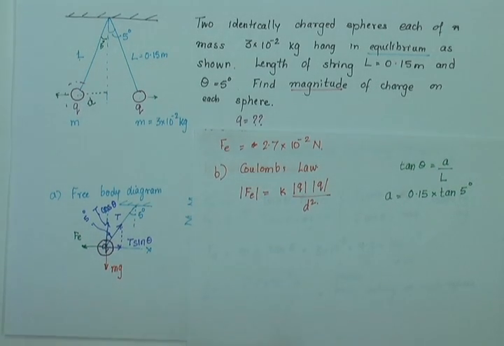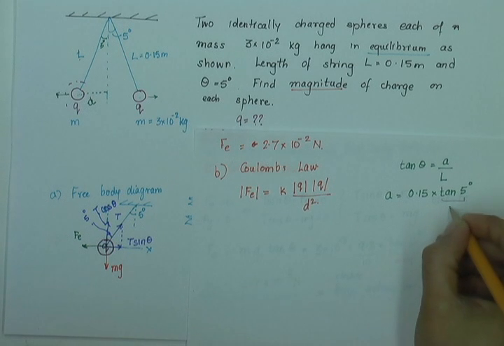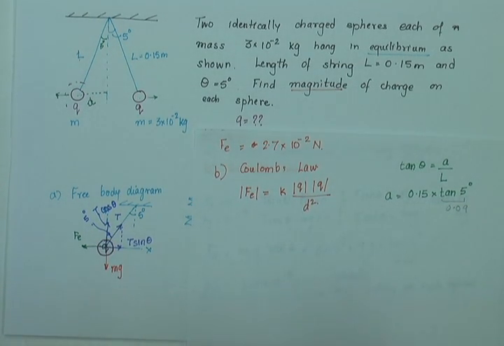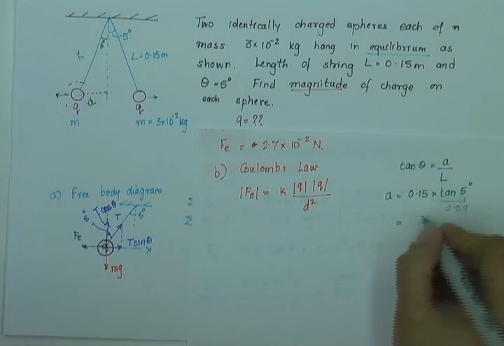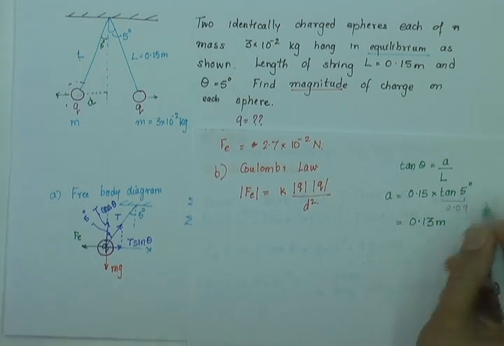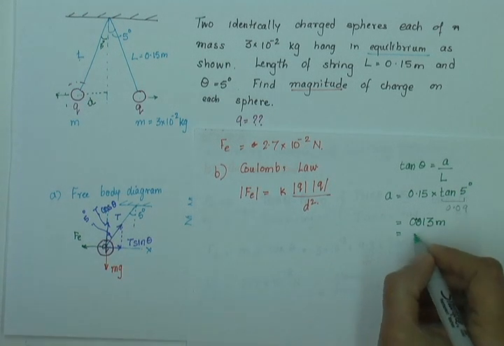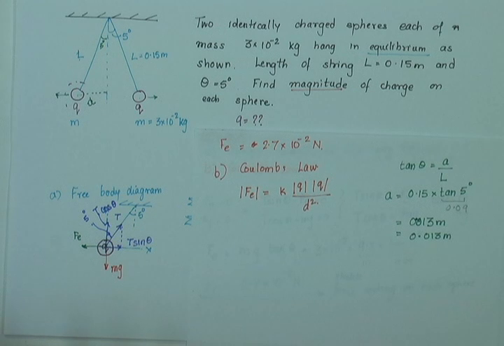Tan of 5 degrees is 0.09, and so my A is approximately equal to 0.13 meters. Actually 0.013 meters, right?